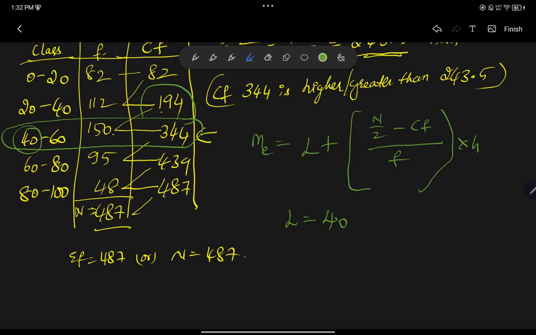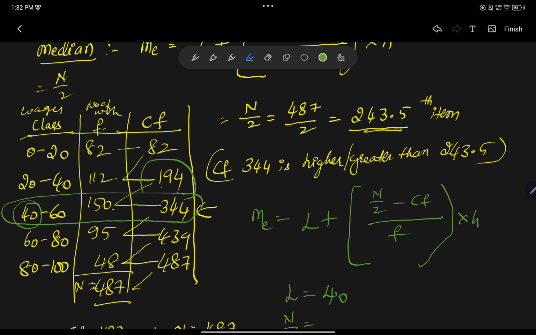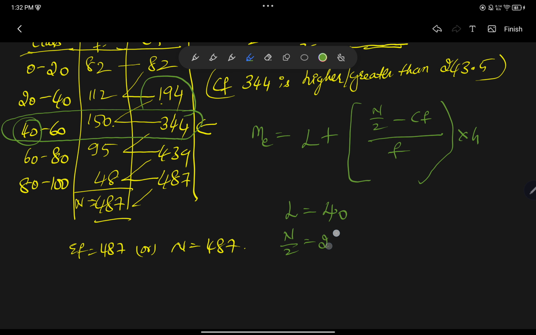The left side value is the lower limit, the right side value, this 60, is the upper limit. So the lower value is 40. Next, N by 2. How much have we got? Already we have got N by 2, 243.5.